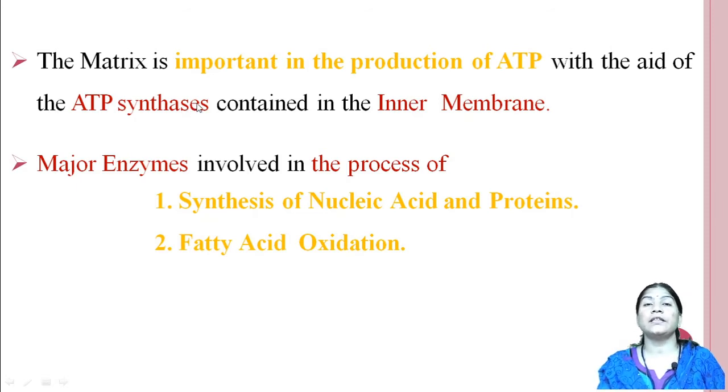These ATP synthetases are contained in the inner membrane. So, the matrix is important for the production and formation of ATP with the help of the enzyme ATP synthetase, which is contained in the inner membrane.